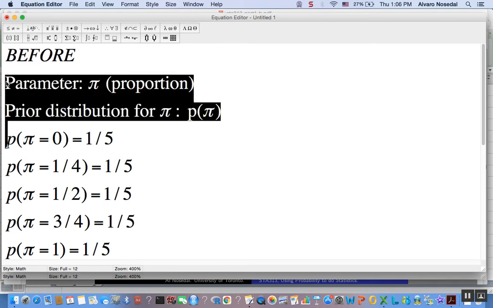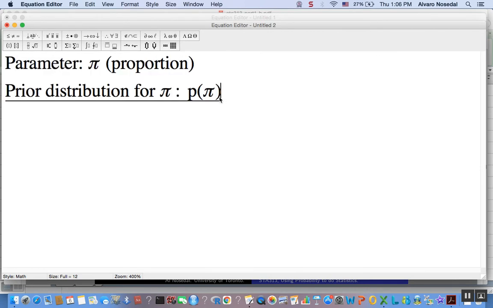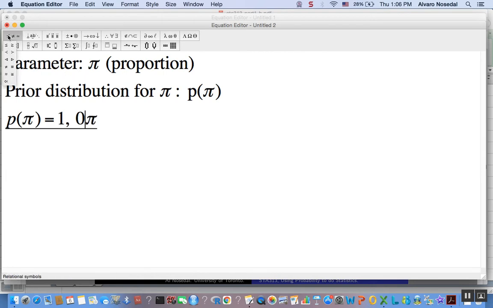So again, we're going to be interested in the same parameter, a proportion, but now we would like to consider the following prior distribution. Okay, how about this: 1 if pi lives between 0 and 1, and let's include 0 and 1.